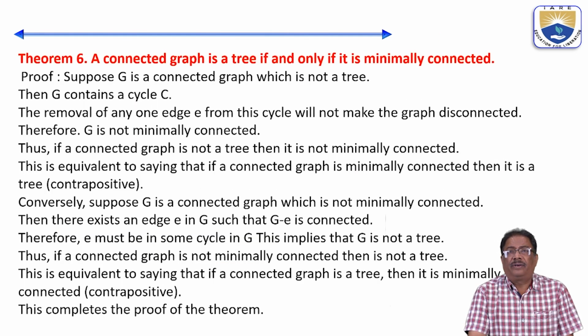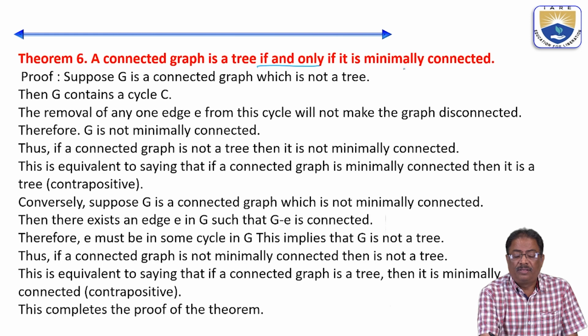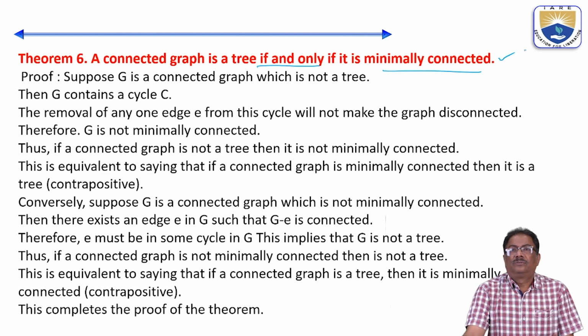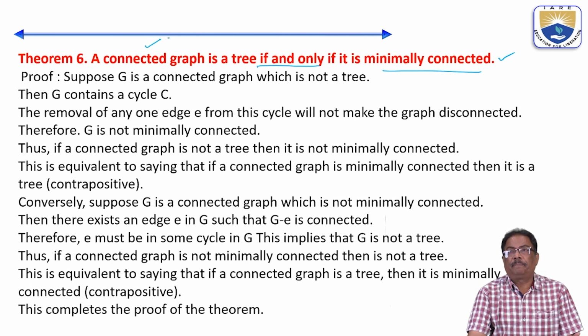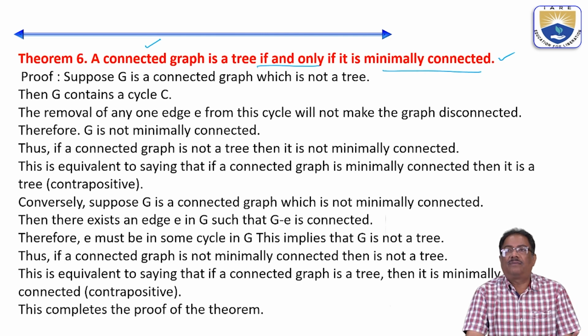Now, another one: a connected graph is a tree if and only if it is minimally connected. So suppose first we take the graph to be a tree, then we are going to prove it is minimally connected. And conversely, if it is minimally connected, then we are going to prove that it is a tree.